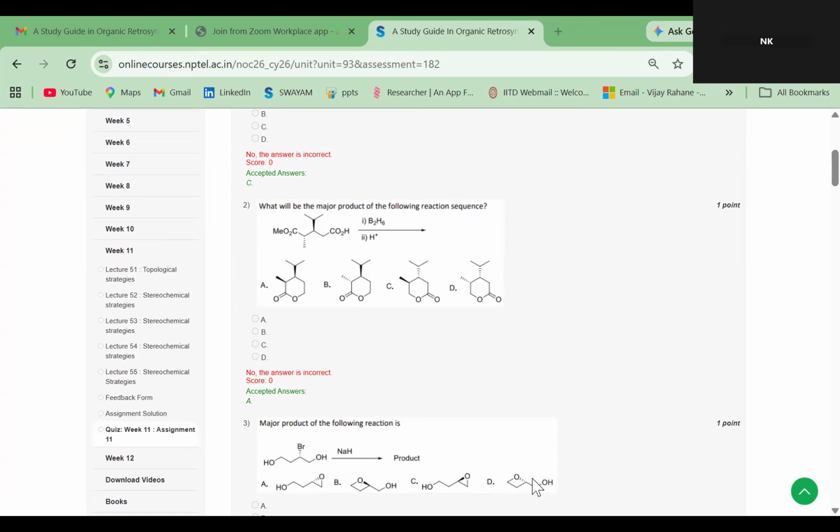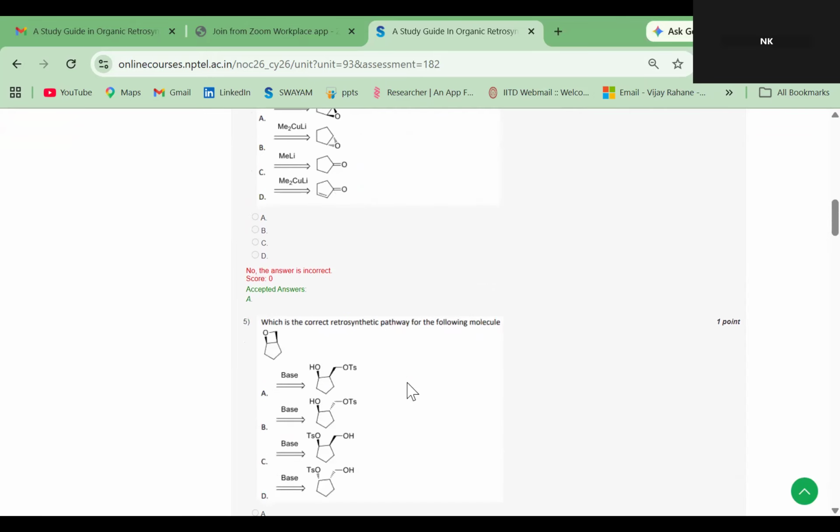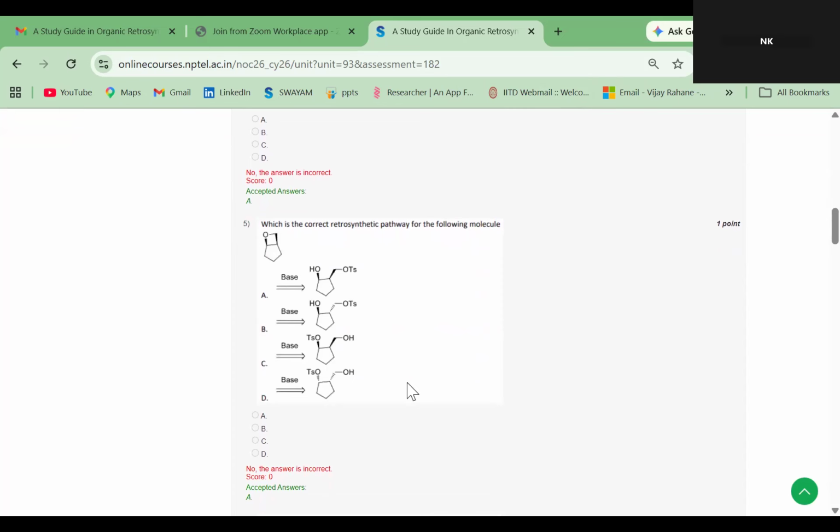The second one, and anything else? Down there is question 16 also, where I got a few wrong. This one also. The fifth one, yes, this one, and down to this.